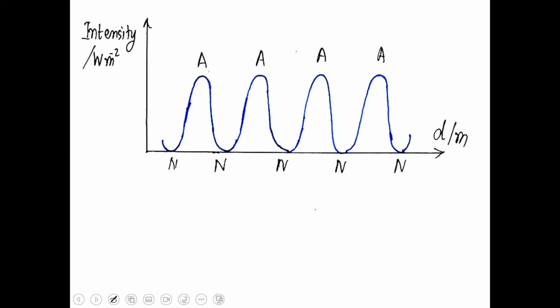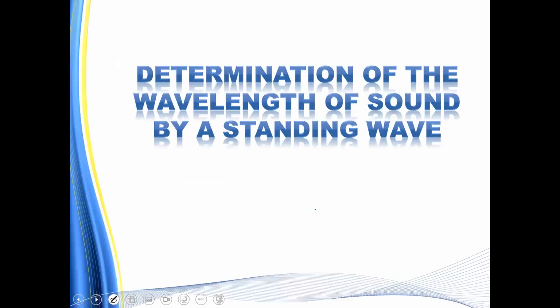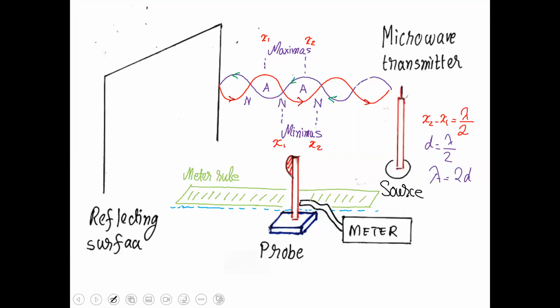Intensity is maximum at antinode and minimum at node. So you can use this apparatus and you can find the wavelength by this apparatus.